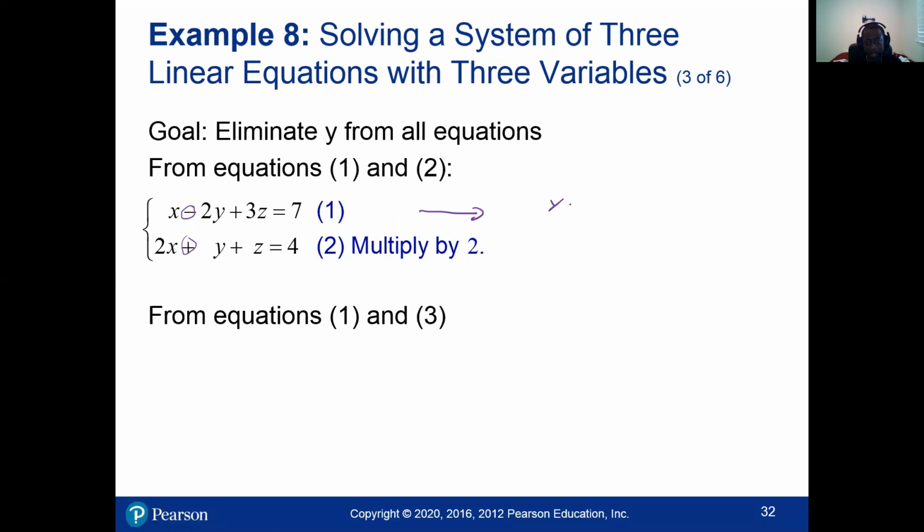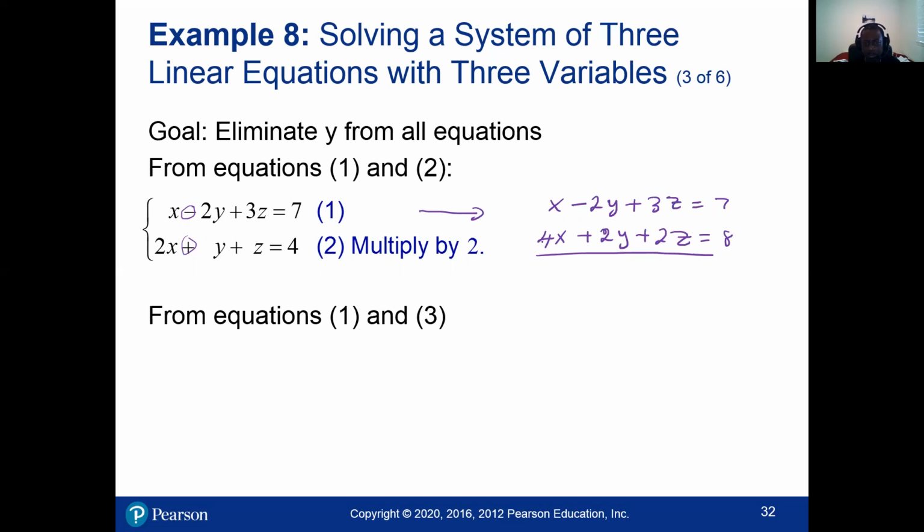It becomes x minus 2y plus 3z equals 7. And when you multiply equation 2 by 2, you get 4x plus 2y plus 2z equals 8.